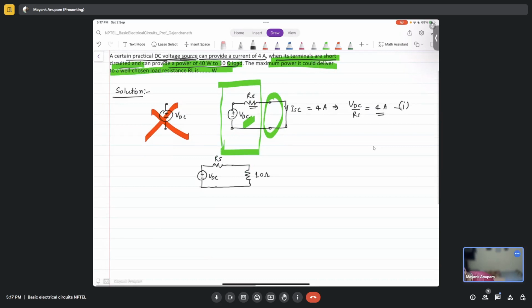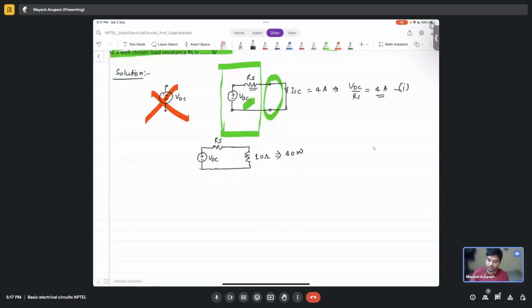When you connect it to a 10 ohm load, the power that it provides is 40 watt. So this 10 ohm resistance burns 40 watts. What is the power that is going to be burnt in this 10 ohm load here?